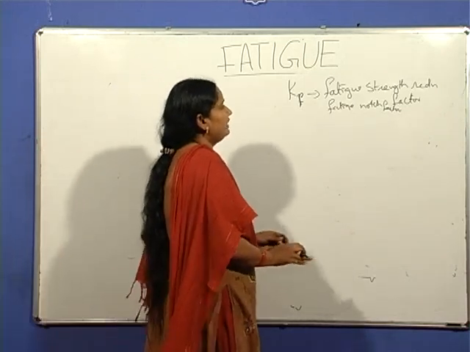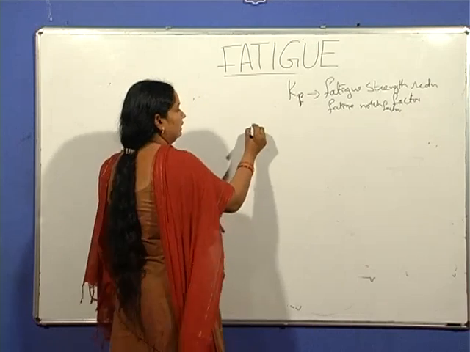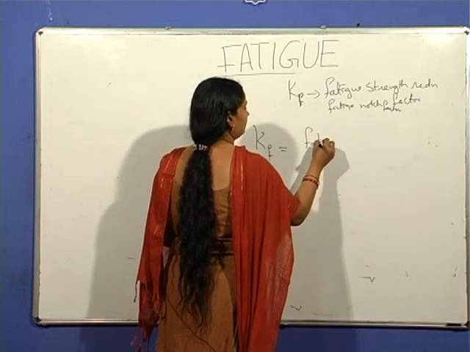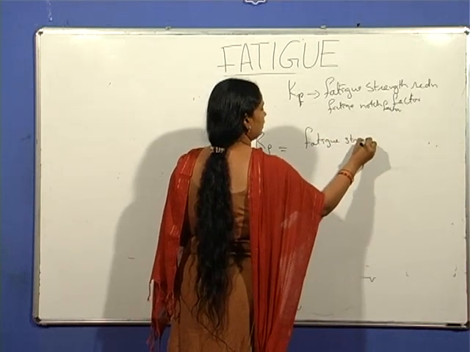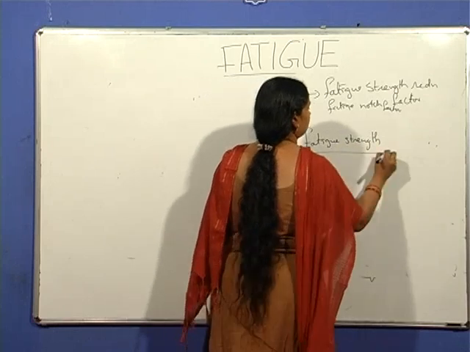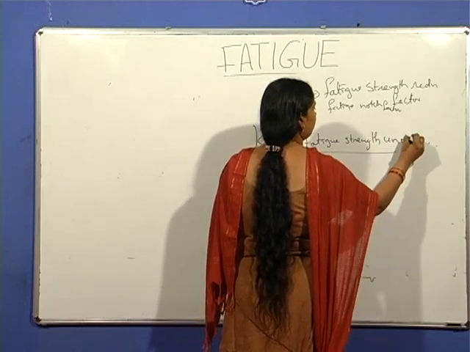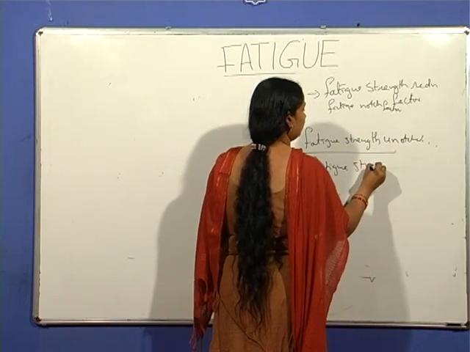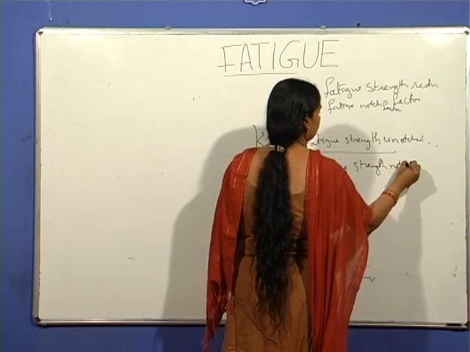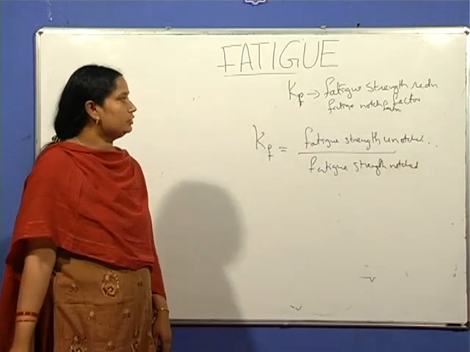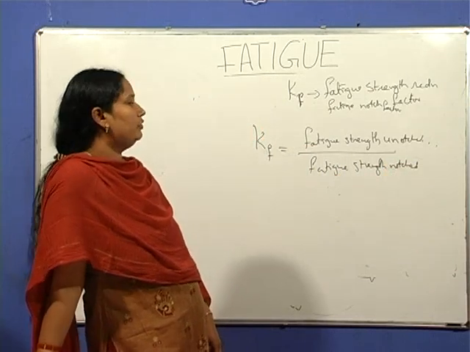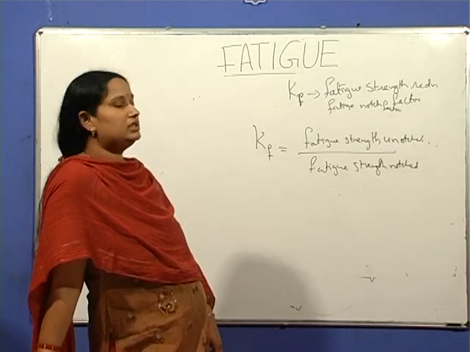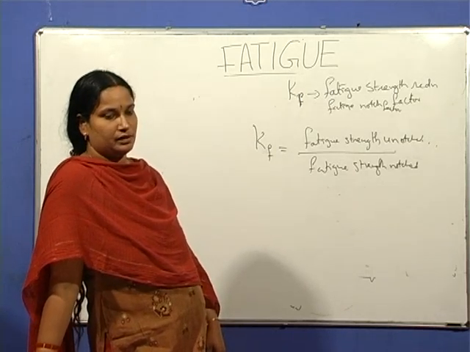So, this fatigue strength reduction factor or fatigue notch factor is given by Kf, the ratio of the fatigue strength for the case of the unnotched specimen to that of the fatigue strength in the case of the notched specimen.